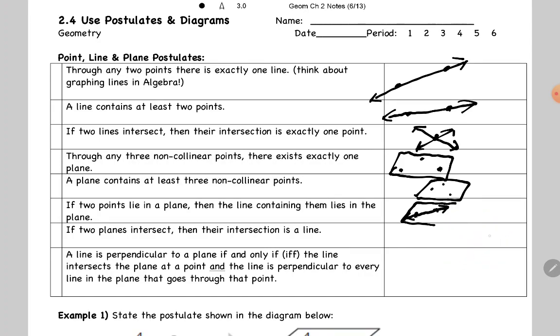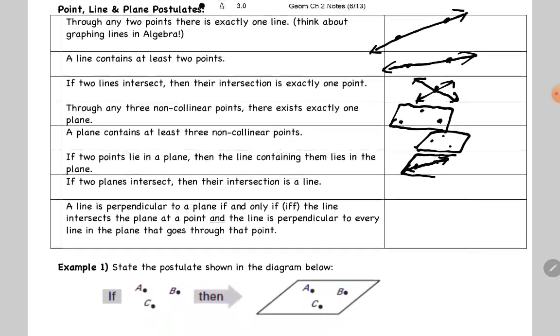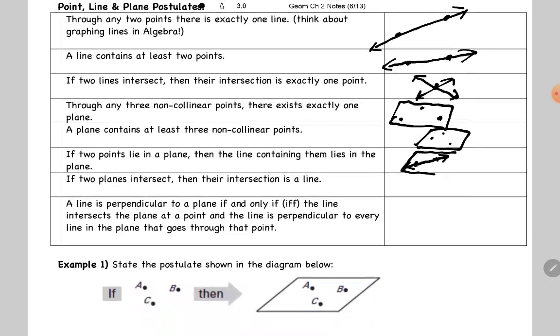Basically, if 2 planes intersect, they intersect at a line. And a line is perpendicular to a plane if and only if the line intersects the plane at a point and the line is perpendicular to every line in the plane that goes through that point.